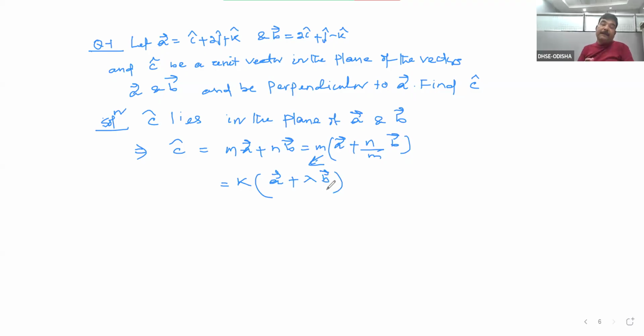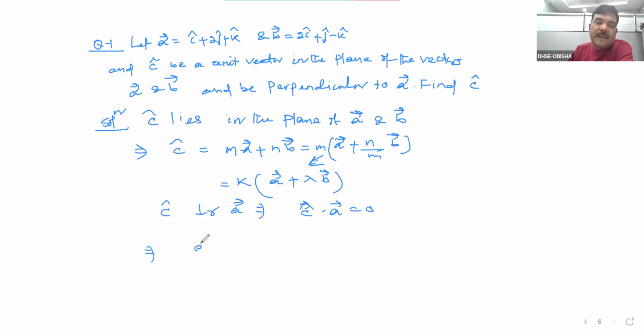It is given that the vector C cap is perpendicular to vector A. If two vectors are perpendicular, then the dot product is 0. So C cap dot A is equal to 0. What is C? C is equal to K times A bar plus lambda B bar.